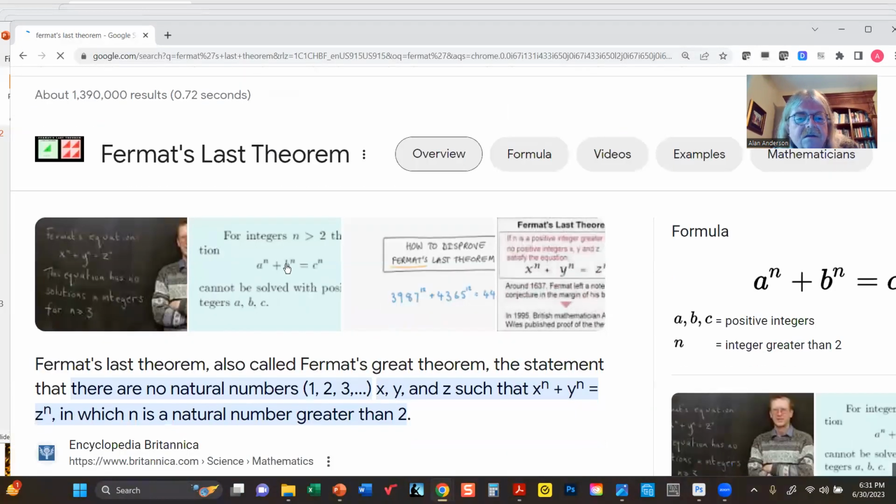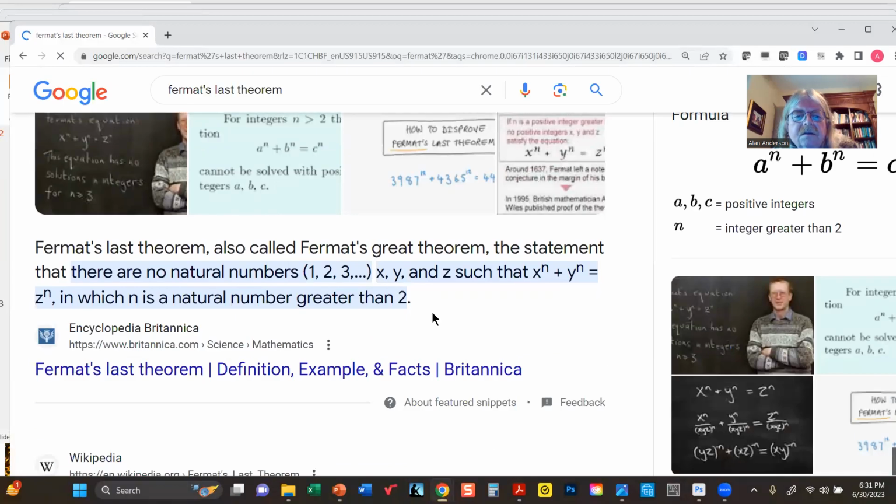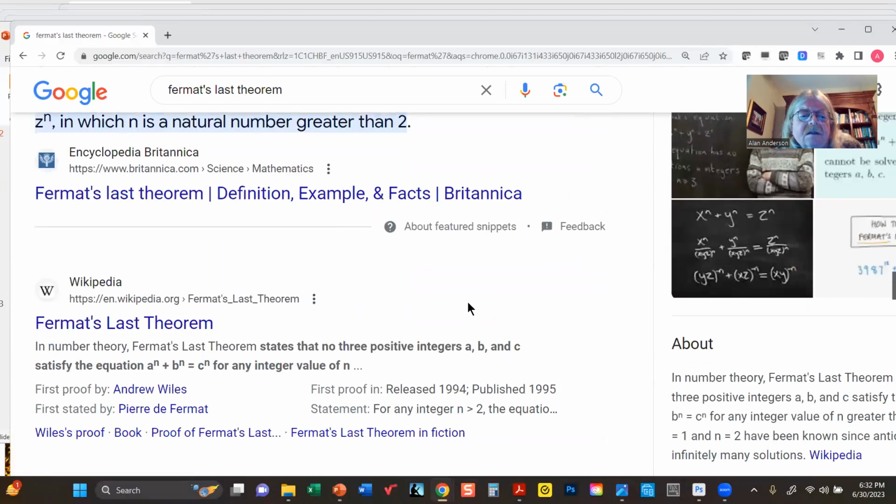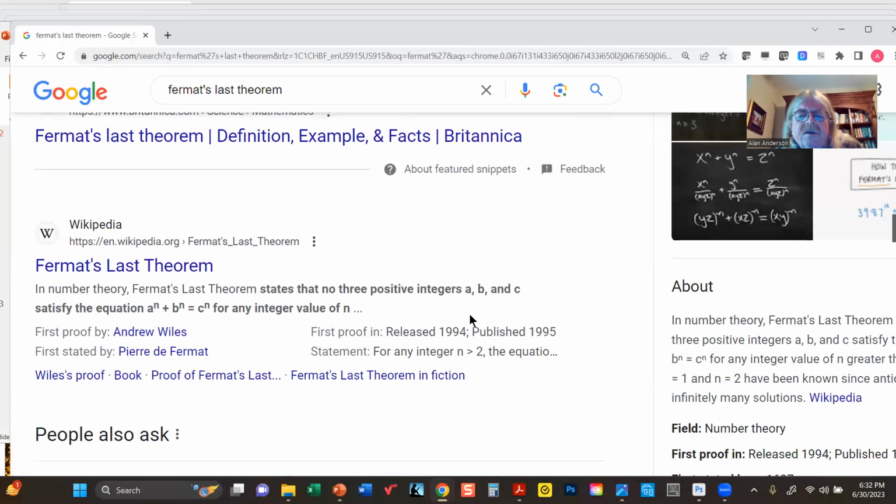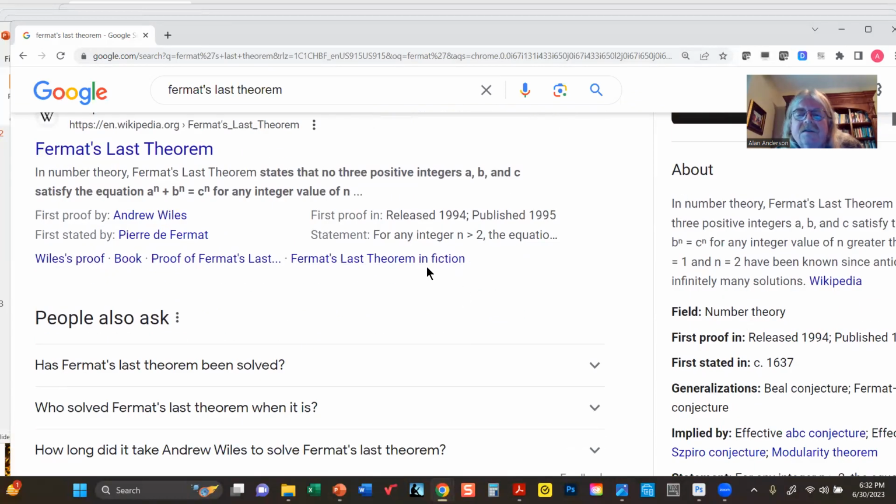There are no natural numbers, meaning 1, 2, 3, etc., such that x to the n plus y to the n equals z to the n if n is greater than 2. I don't know how important that really is, but apparently mathematicians worked on this for centuries. I think recently somebody did come up with the result. Somebody proved it. Yeah, there it is, 1994. Now remember, Fermat was living in the 17th century, and it took until 1994 to prove that theorem.